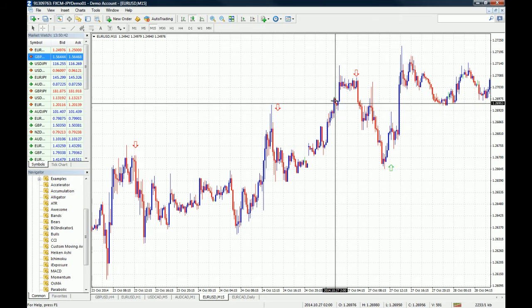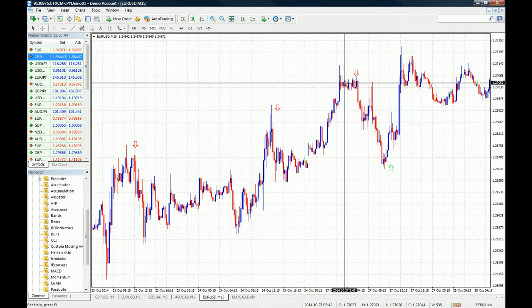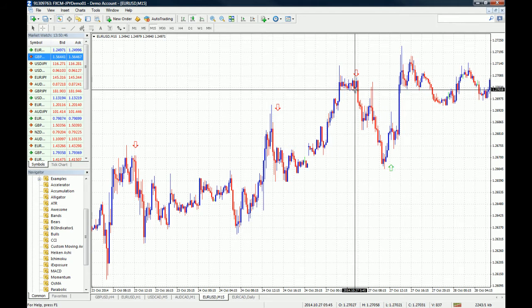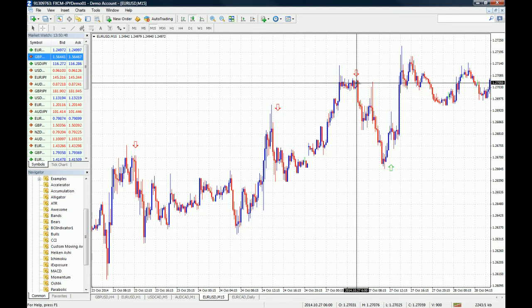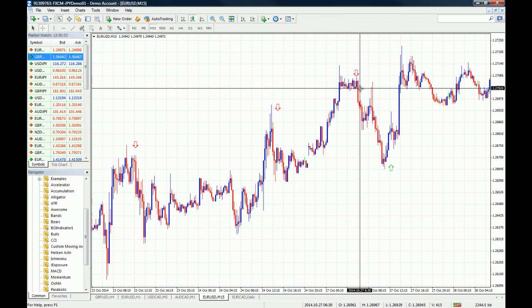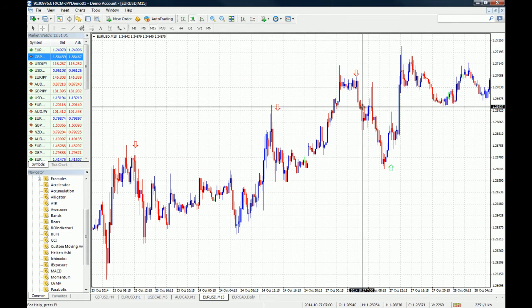Here, when the price starts to reject this resistance zone and breaks below, we have another signal to buy put options at the entry level of 127.02, and 1, 2, 3, 4 candles later, you can see that this option also expires in the money.